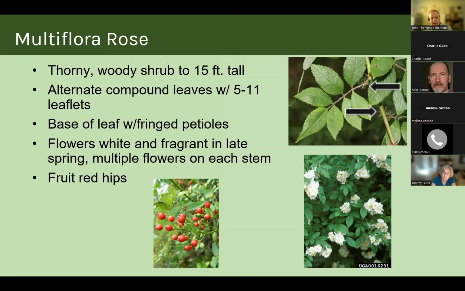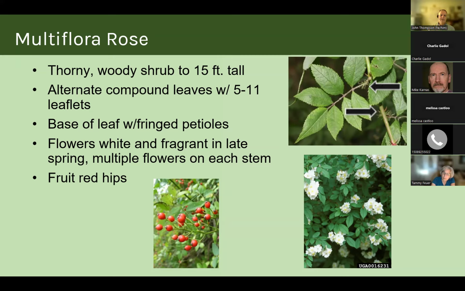Then the flowers bloom in the late spring, really fragrant. A lot of people like the smell of multiflora rose, and those flowers develop into rose hips, which are red for this plant.